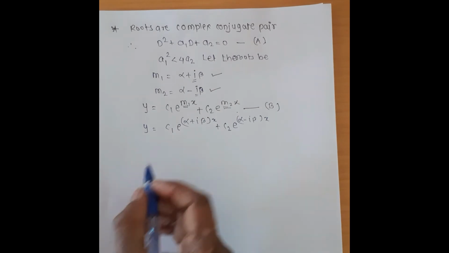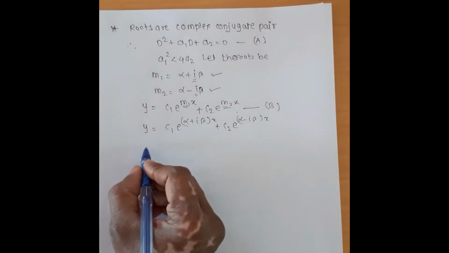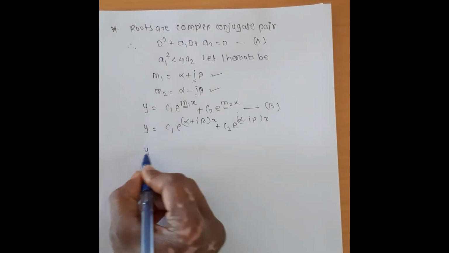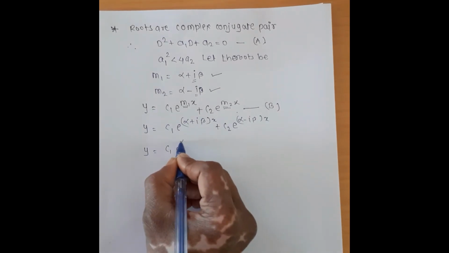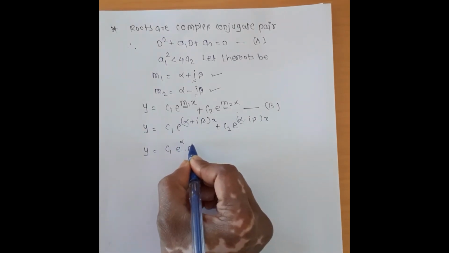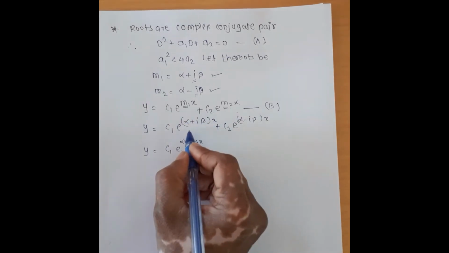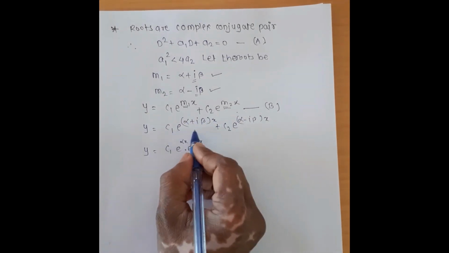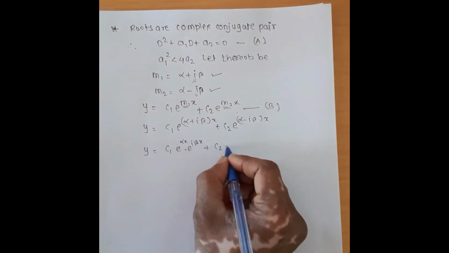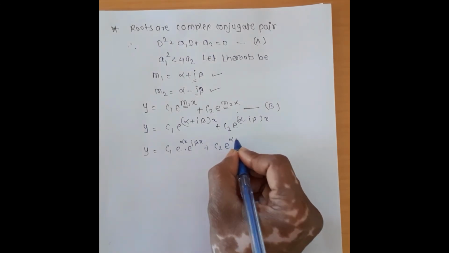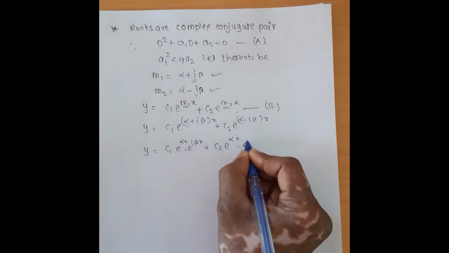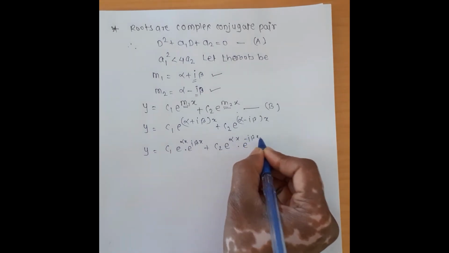Now multiply this factor: e raised to alpha and beta, because y is equal to c1 e raised to alpha x into e raised to i beta x, a multiplication factor, plus c2 e raised to alpha x into e raised to minus i beta x.